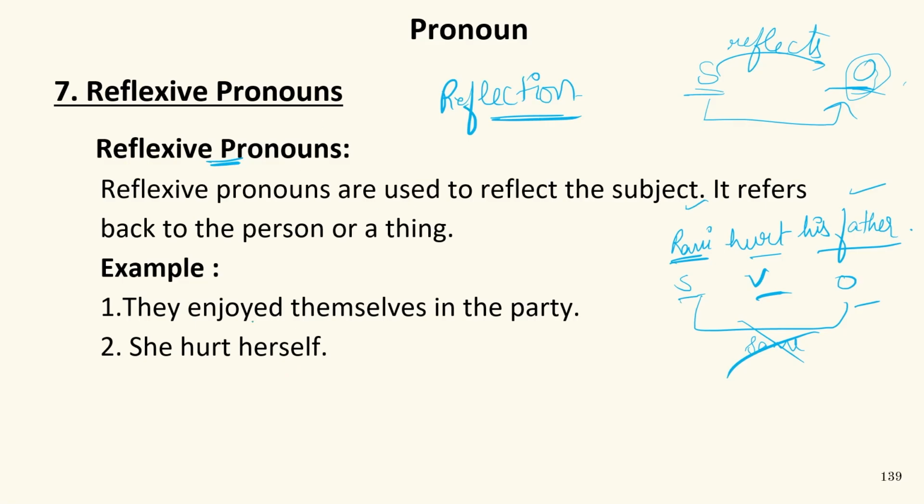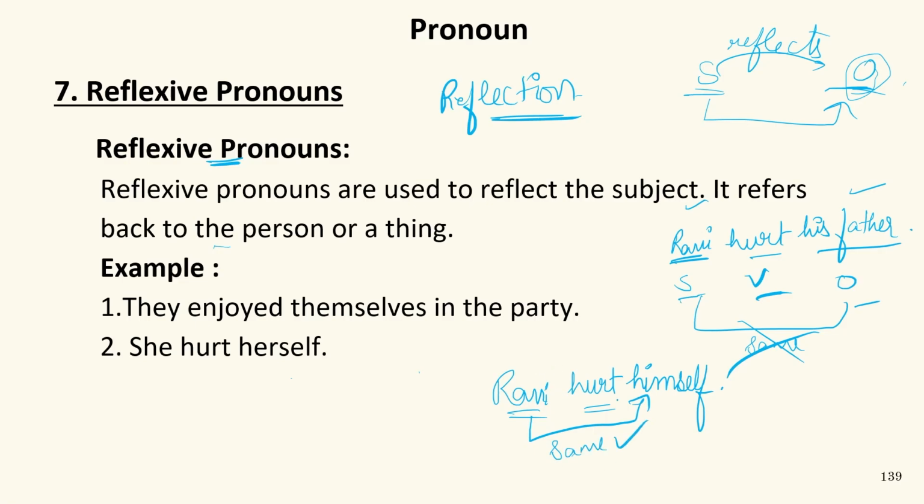But if I say, Ravi hurt himself. Now Ravi hurt, whom did he hurt? He hurt himself. It means Ravi and himself, both of these persons are the same.